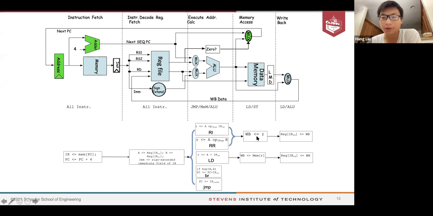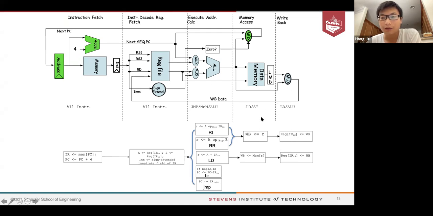But when you load, you actually pass the value you accessed from memory to the write back register, okay? This is the write back register. And then in the write back phase, if it is RI or RR, you pass the value from the write back register to the real registers, basically from the pipeline register to the typical CPU register.